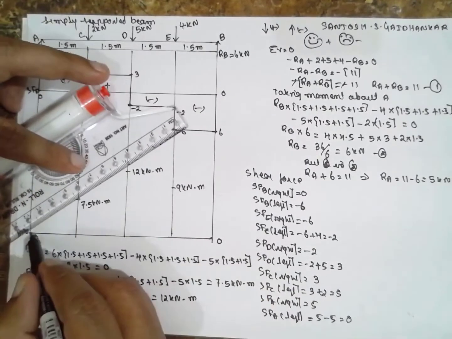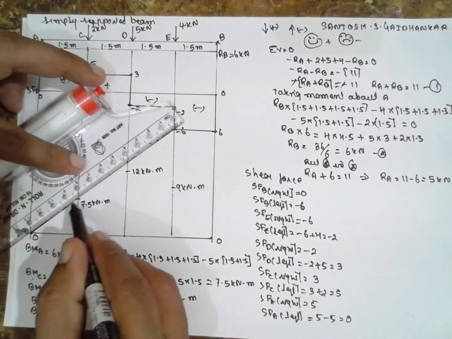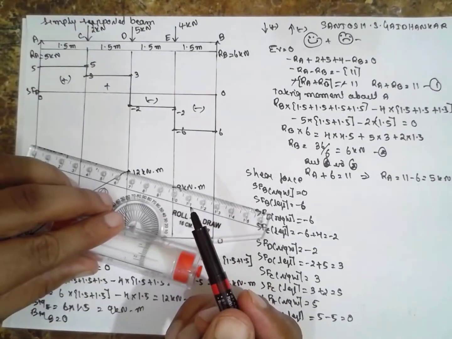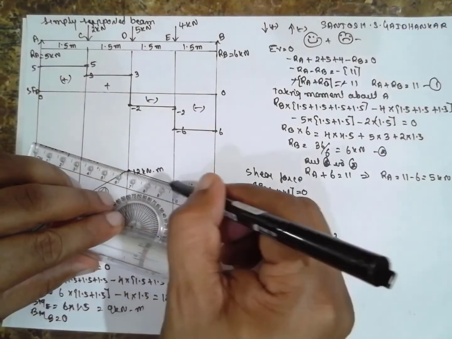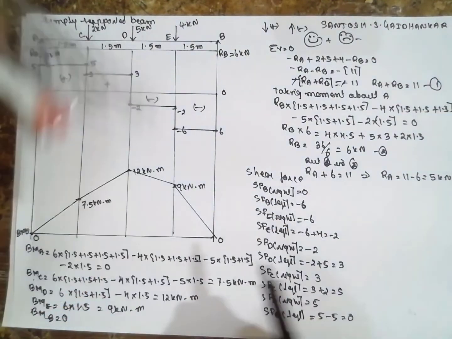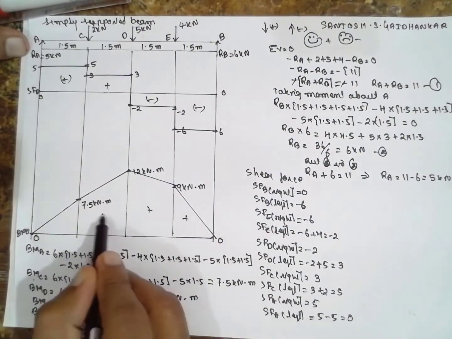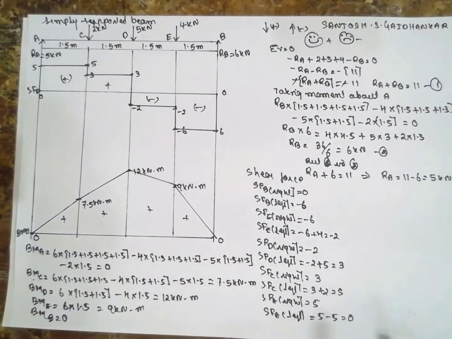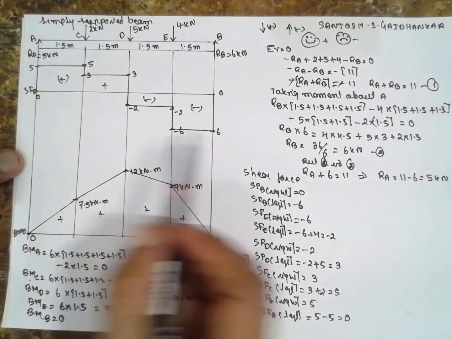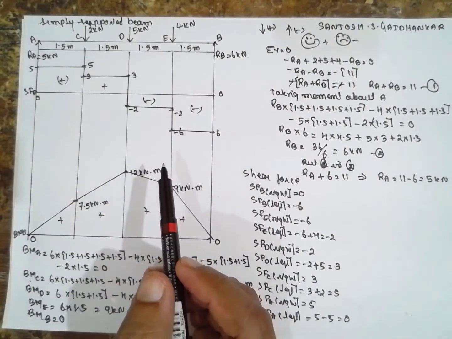Therefore straight lines, because there is no UDL. If it is a UDL, then you have to go for a parabola. Positive everywhere. In this way you have to solve the problem when a simply supported beam is provided with reactions and point loads.